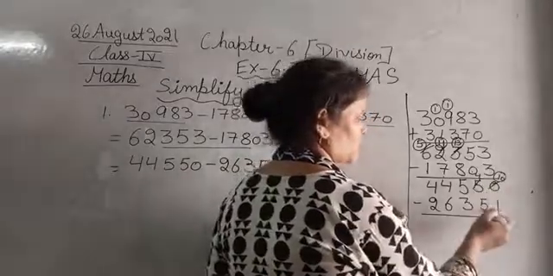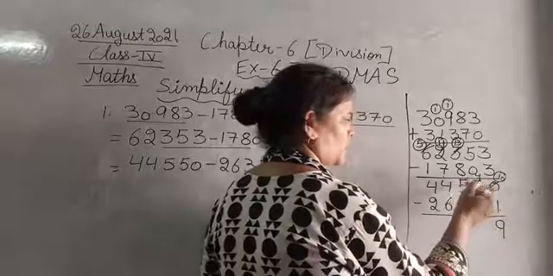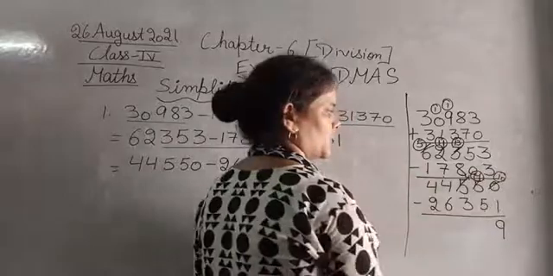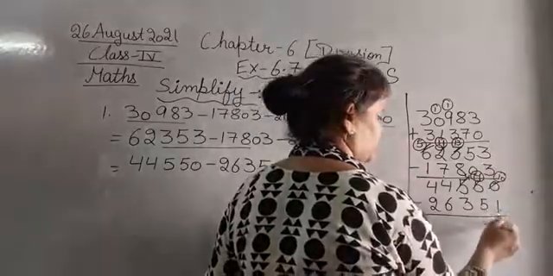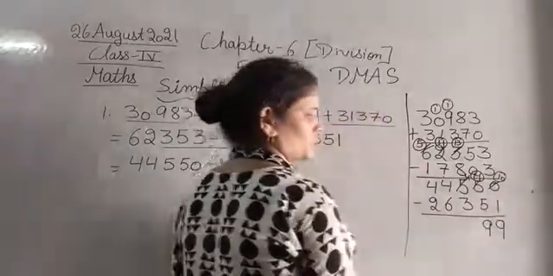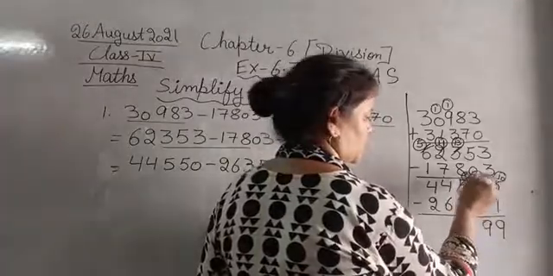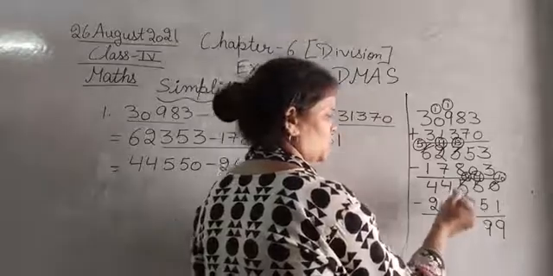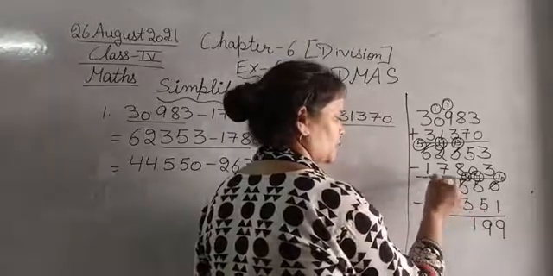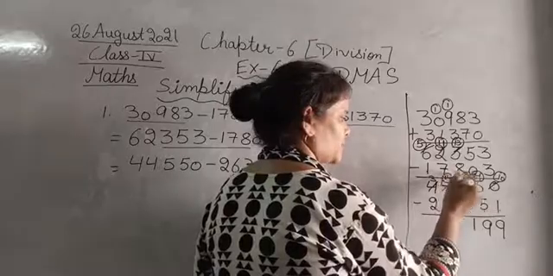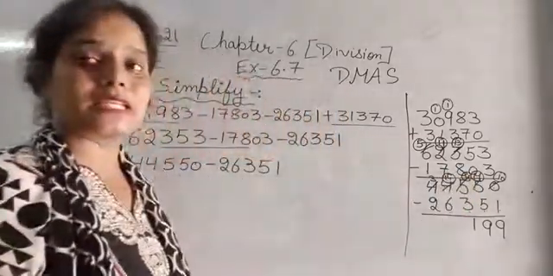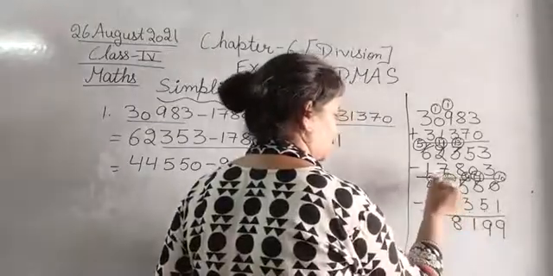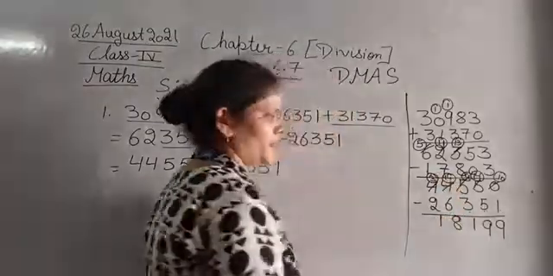Now 4 minus 5, not possible. So 4 will borrow from here. This will become 4 and this will become 14. 14 minus 5, 9. Next 4. 4 minus 3, become 14. 14 minus 6, 8. 3 minus 2, 1.